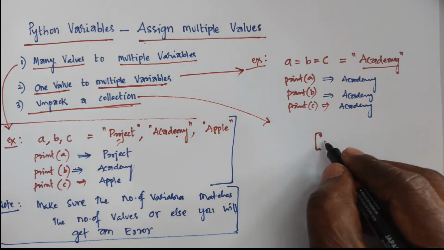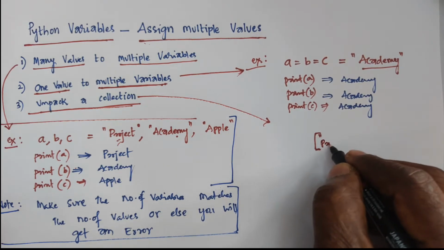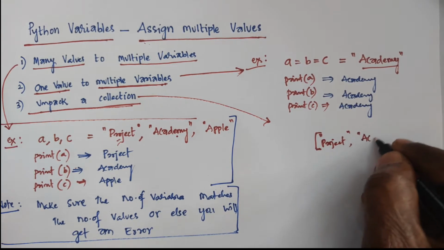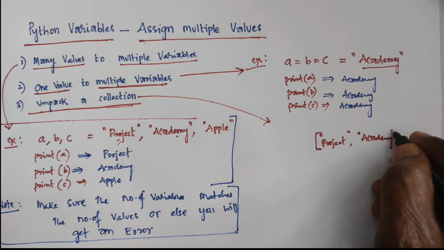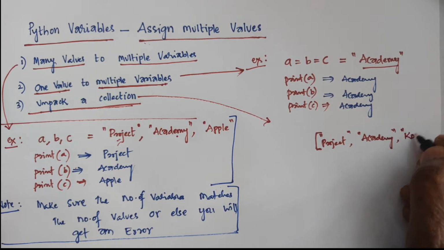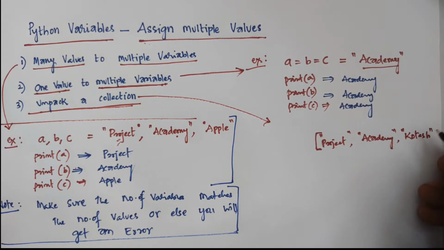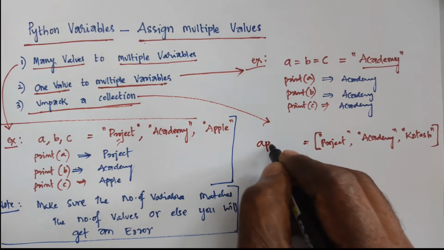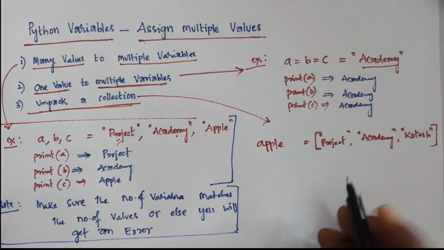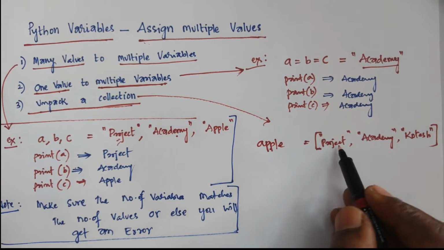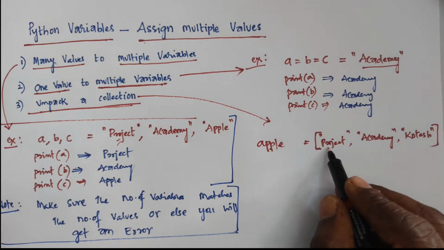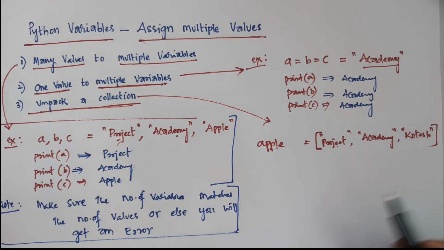For example, you take the values project, next academy, and next quotation. So, we have three strings, all stored in one variable, apple. In apple we have three string values: project, academy, and quotation.